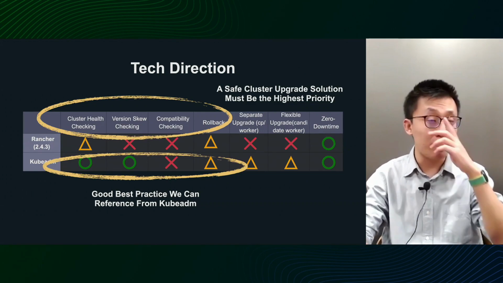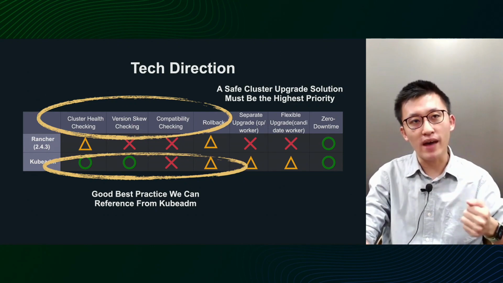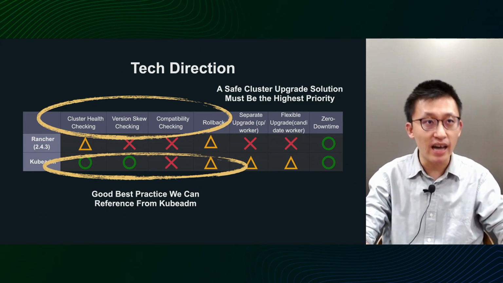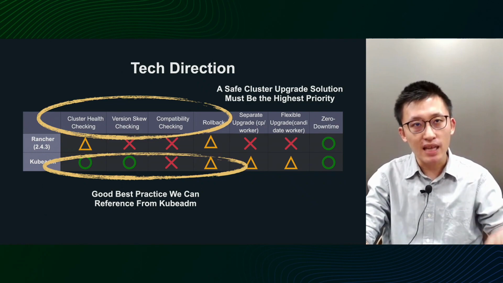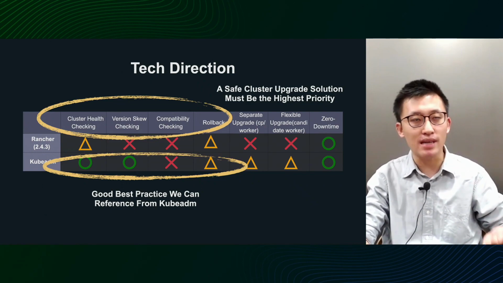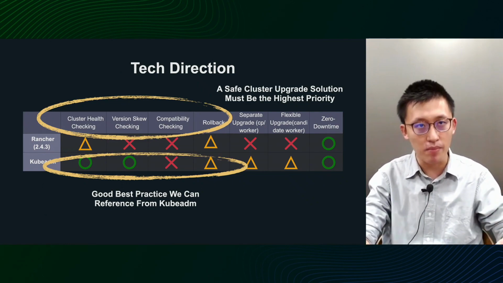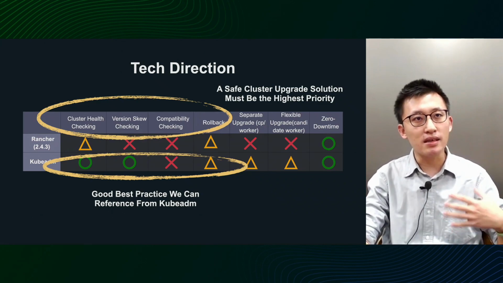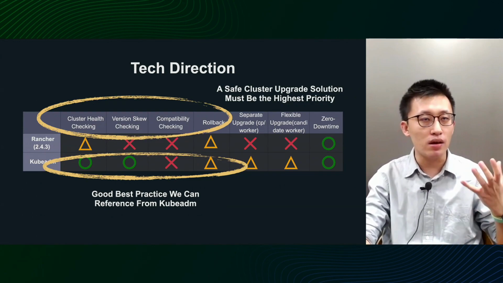The API compatibility checking is pretty important for us because if any compatibility issues still exist in the user's cluster and we proceed with the upgrade, that may break some of the user's applications. That causes application downtime on the user's side. That is the result we definitely want to avoid.